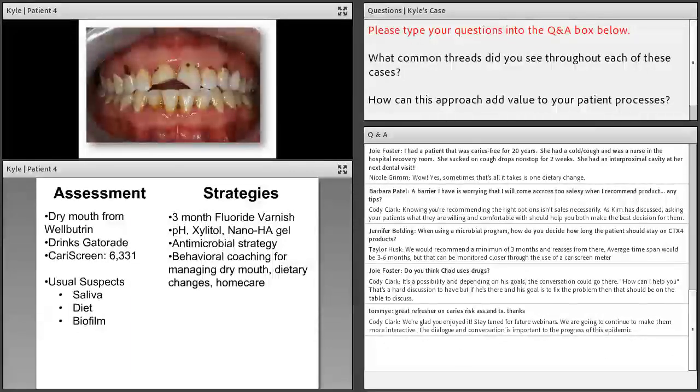So that's the most important thing that you can do for patients. And again, this is the mantra, I want you to wake up in the middle of the night and have this going through your brain. Saliva, diet, biofilm. I want you to be haunted by my voice. Saliva, diet, biofilm.